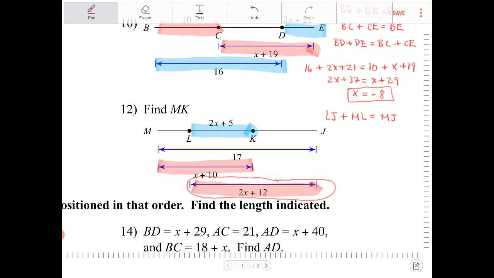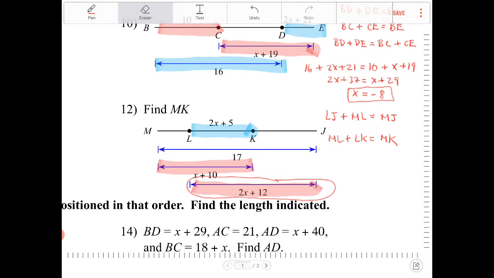I don't have expressions involving ML, but I do have ML plus LK. That makes up MK, right? And I have information about LK and MK. So what I'm going to do is solve for this and then substitute it in here. All right, so that's the plan.